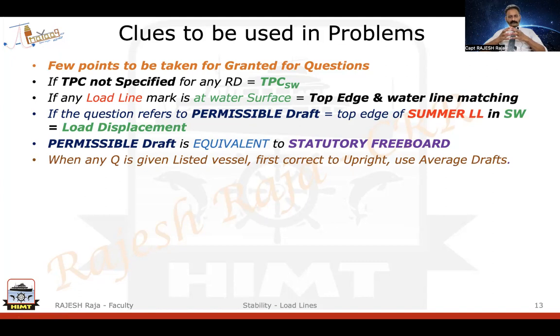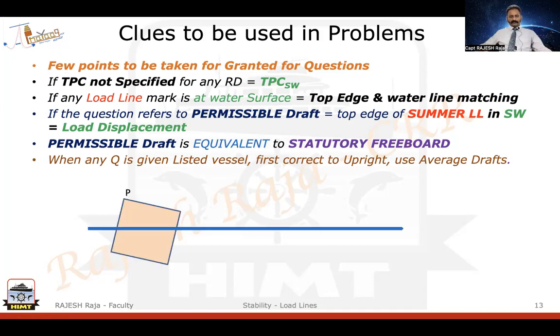Okay. Now, a simple question in your stability or draft questions can come in a listed condition. So usually before you try to solve any question, please correct it to upright condition and use the average draft. So I'm going to quickly show you a small picture. Let us say this vessel is starboard listed. So for me, I can go either by drafts or freeboard. Let us go by the drafts first.